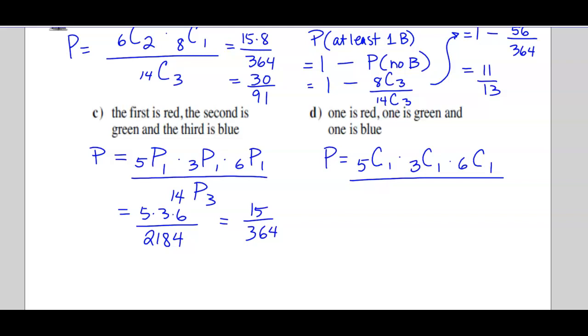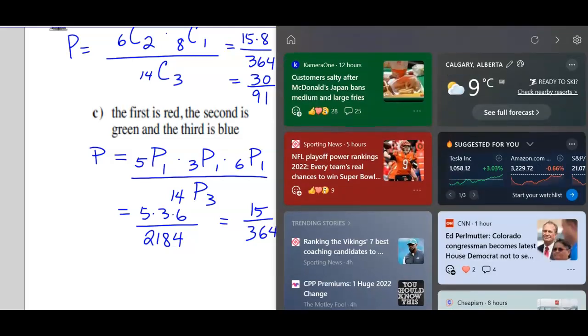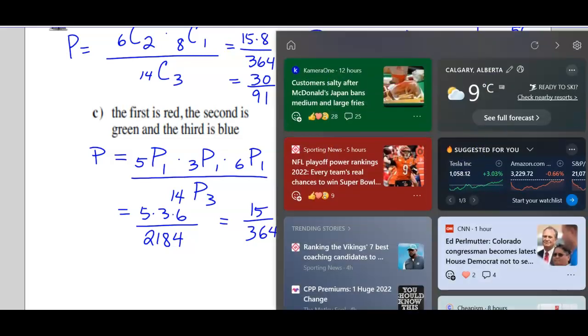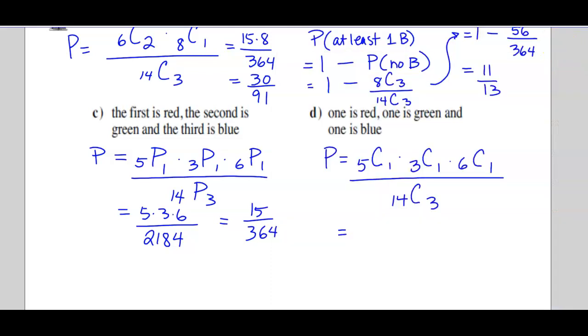And then order doesn't matter, right? We just need to know those groups. So 14C3. I'm not sure why it's so slow. Okay? Oh my God, I've got to figure out how to lock that out. Okay? So it's still going to be 5 times 3 times 6 over 14C3, we already did that, 364.